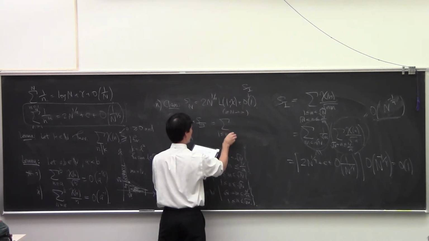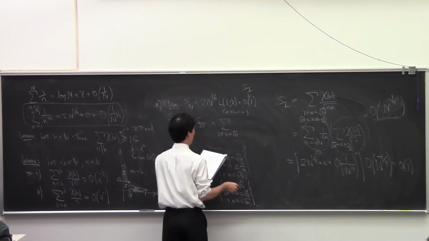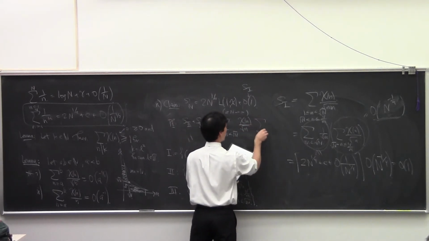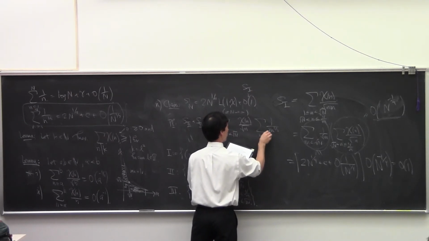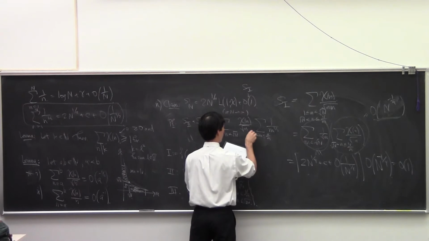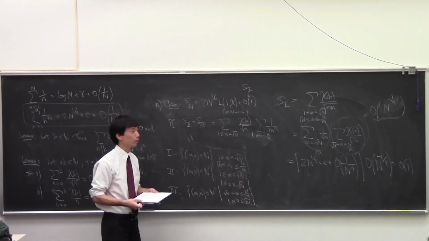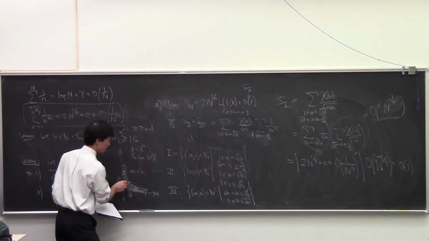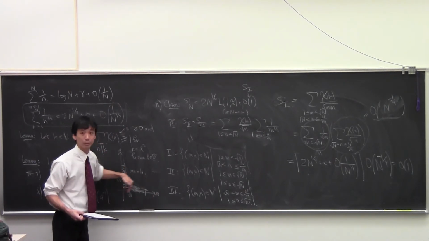So we fix the n, and we pull out the terms related to n, and sum over the m's here. So we're summing over this full region, where n ranges from 1 to root N, and the m's go the full range.